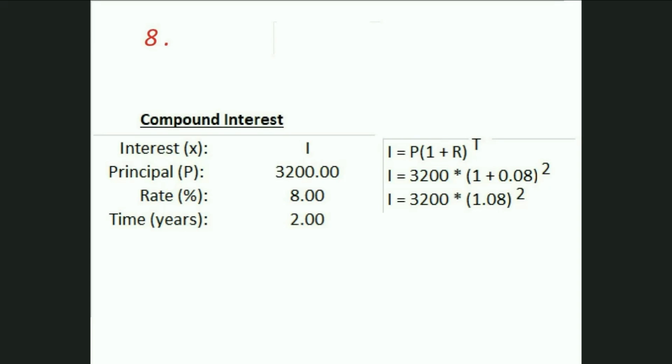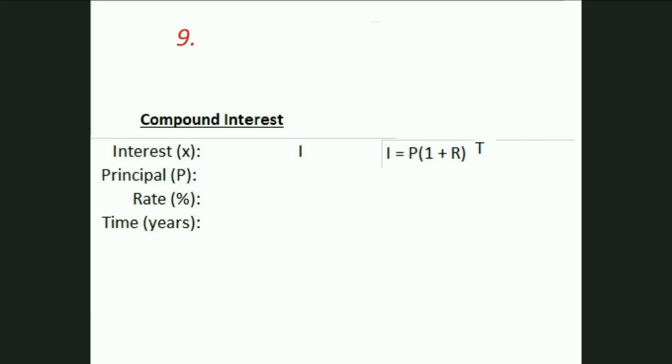And remember that 0.08, that's our 8% as a decimal. So I equals 3,200 times 1.08 raised to the second. I equals 3,200 times 1.1664. Our interest is going to be $3,732.48. All right, going on.